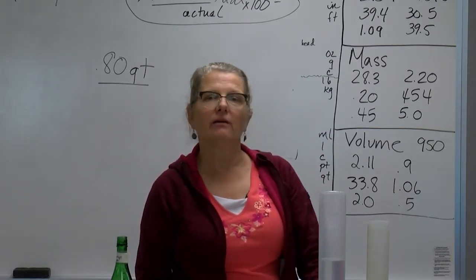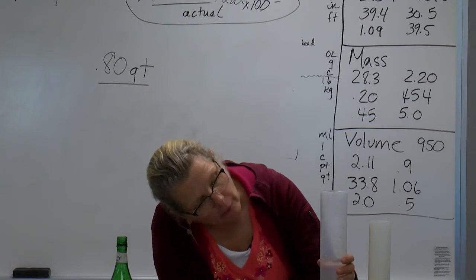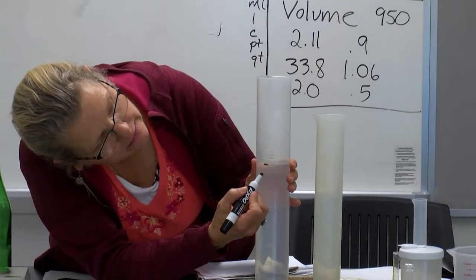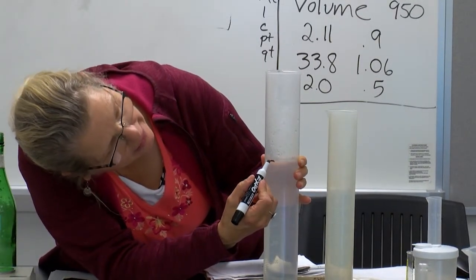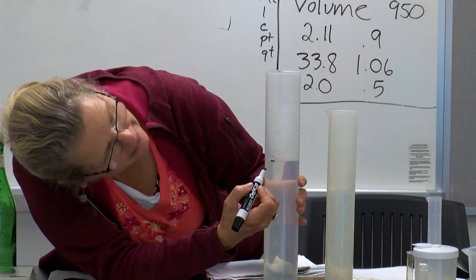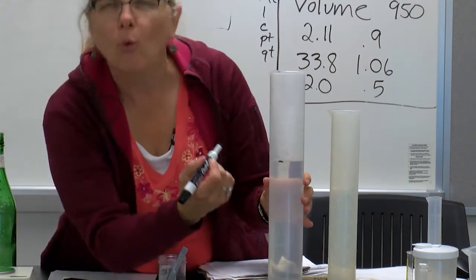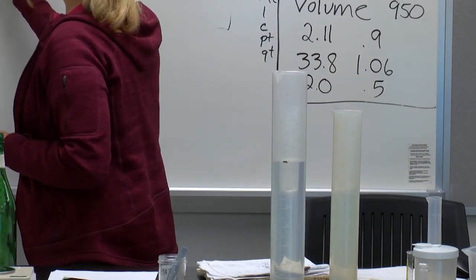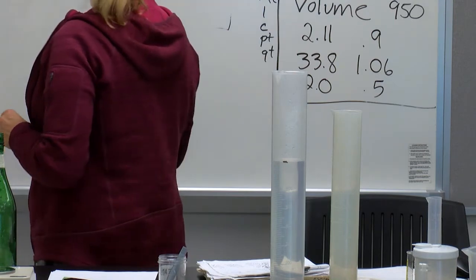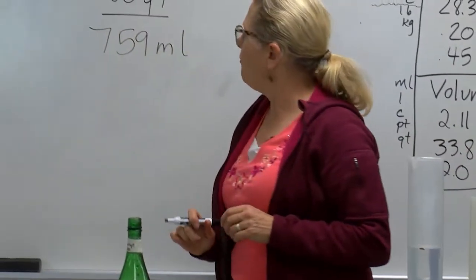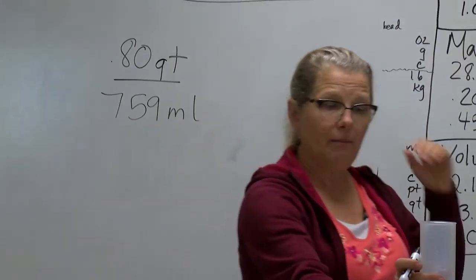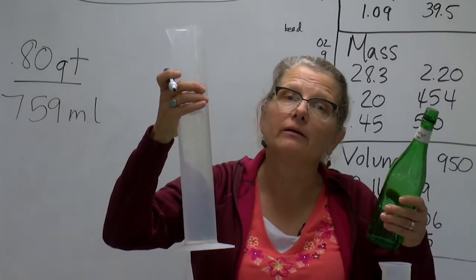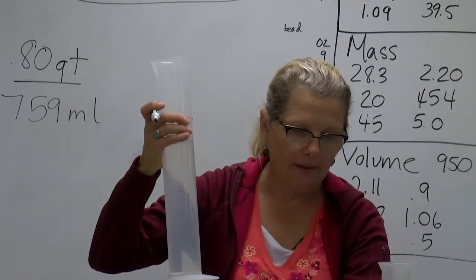That's 2 significant figures. 0.80 quarts is the same as 700, and I would say it's not quite 760, so 759 milliliters. That's how much 0.8 quarts is. It's the same water; we measured it a different way.